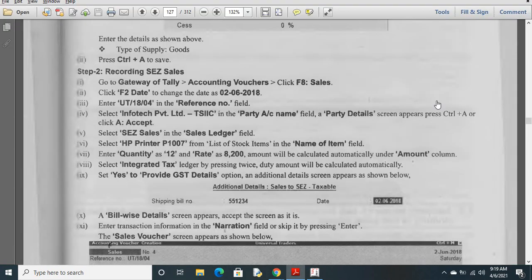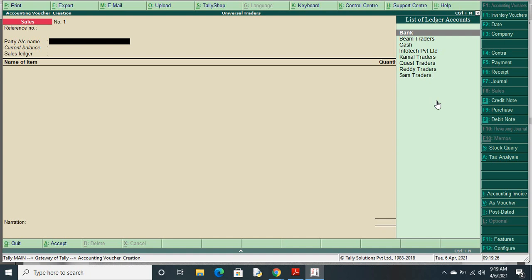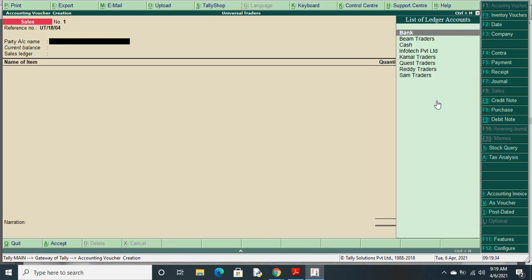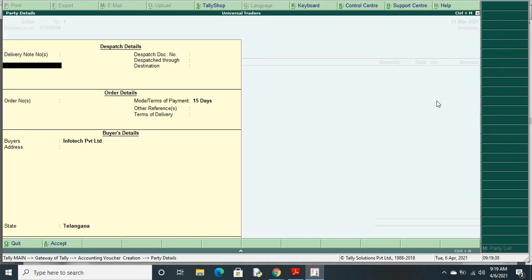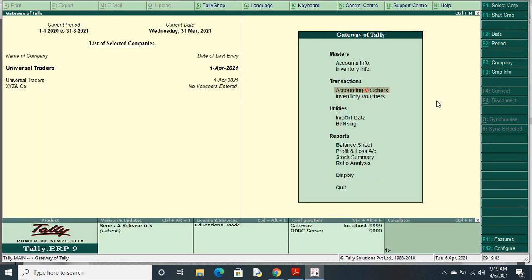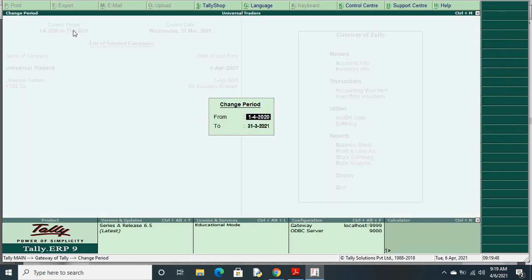UT/18/04. It is Infotech Private Limited. First we have to change the date here. Instead of this, first I will go back here and change the period, 1/4/2020 to 31/3/2020.